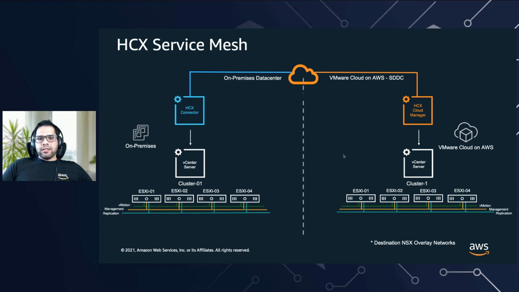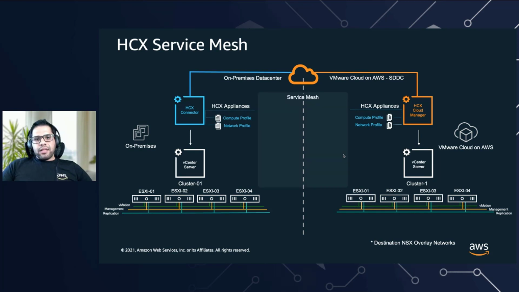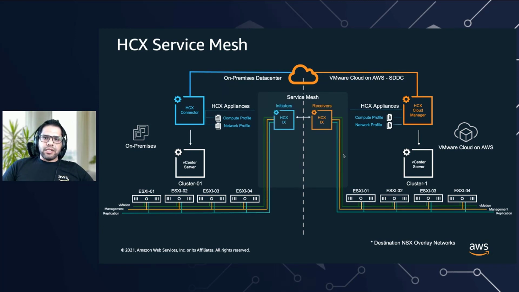We then create the compute and network profiles that define the networking and compute resources that will be part of the service mesh. Finally, the service mesh is then created, which deploys the HCX appliances, including the interconnect appliance that connects the on-premises and cloud networks, including management, vMotion, and replication.